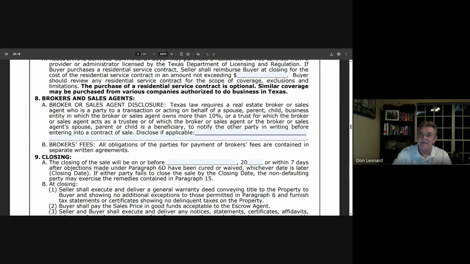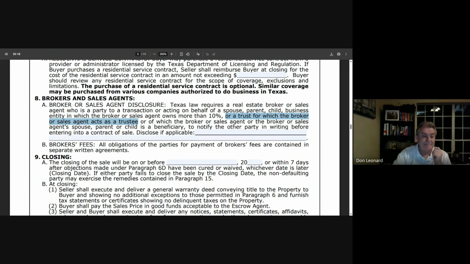You just have to say that I am more than 10% owner of this entity. Or if your client is a trust for which the broker or sales agent acts as a trustee, if you are the trustee for a trust, or of which the broker, sales agent, or broker or sales agent's spouse, parent, or child is a beneficiary, then you have to disclose that as well.